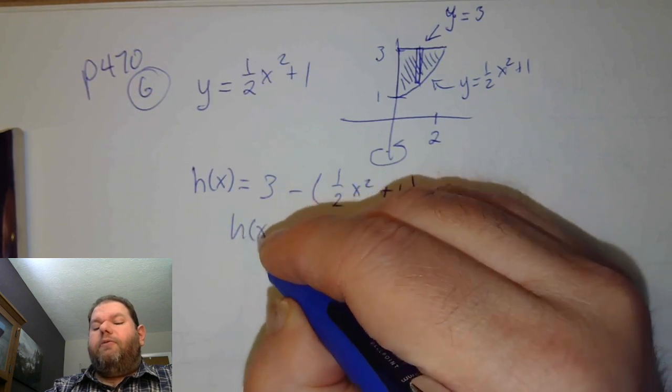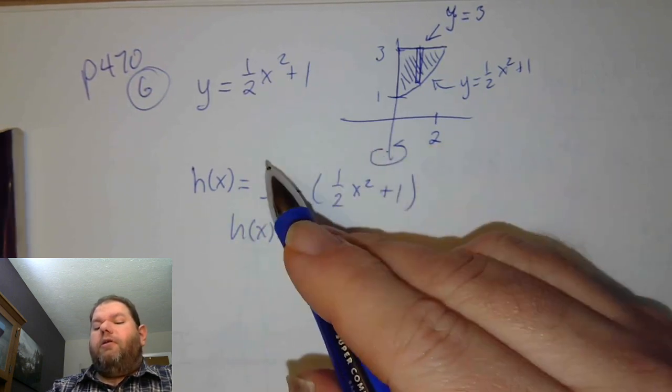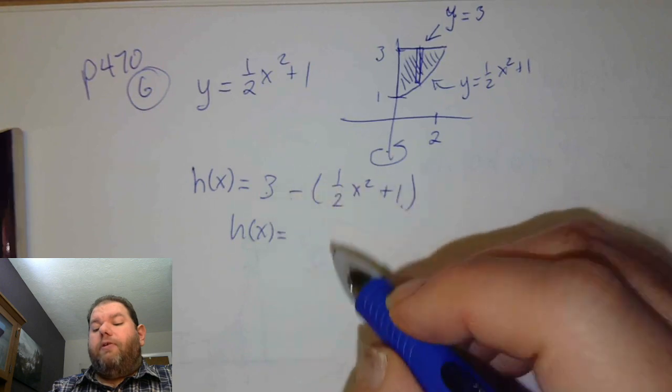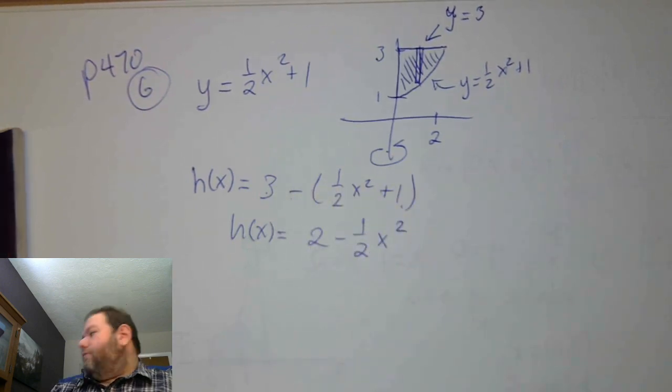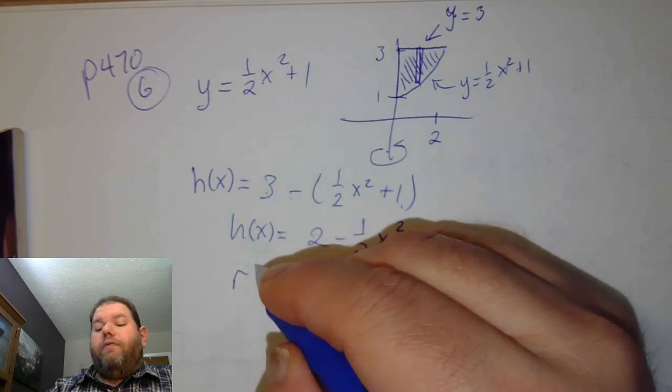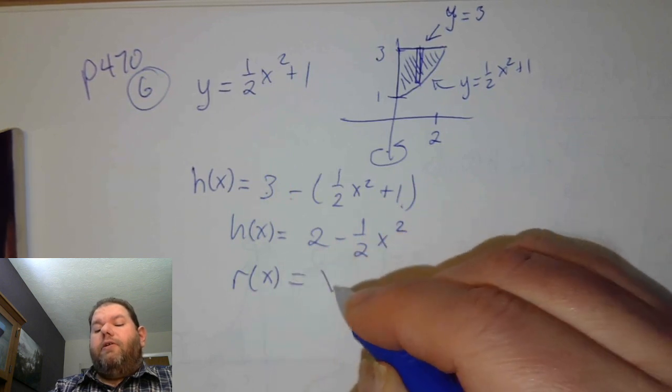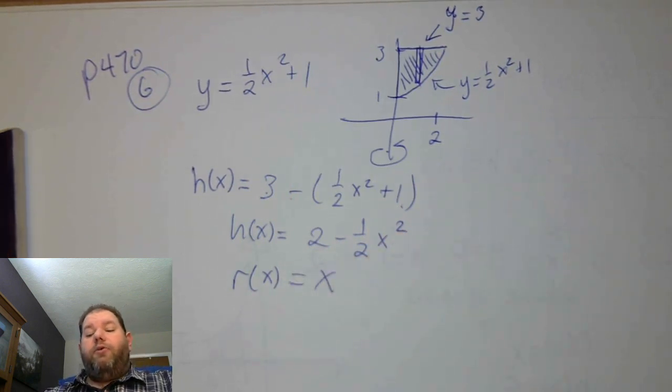So h of x would equal 3 minus the 1, which is a 2, minus 1/2 x squared. r of x is once again just x because we're going around the y-axis. After we do this problem, I'll talk a little bit more about r of x, because this tends to be a more confusing thing for a lot of students.